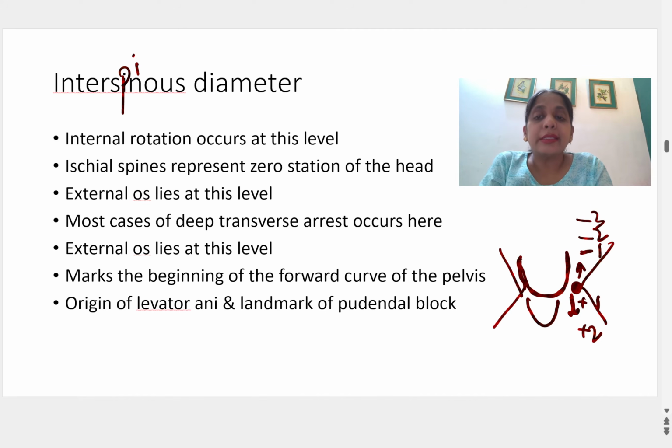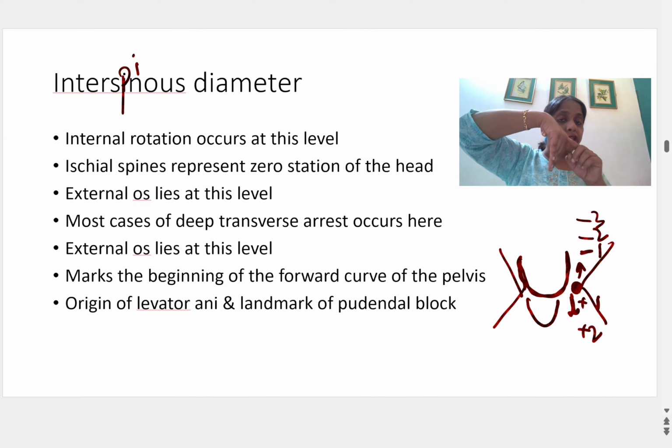Next, it marks the beginning of the forward curve. First, how is the pelvis? The pelvic cavity goes backward, and then goes forward. If we draw a plane, the pelvic cavity goes backward, see, and then at the level of the ischial spine, it turns forward.